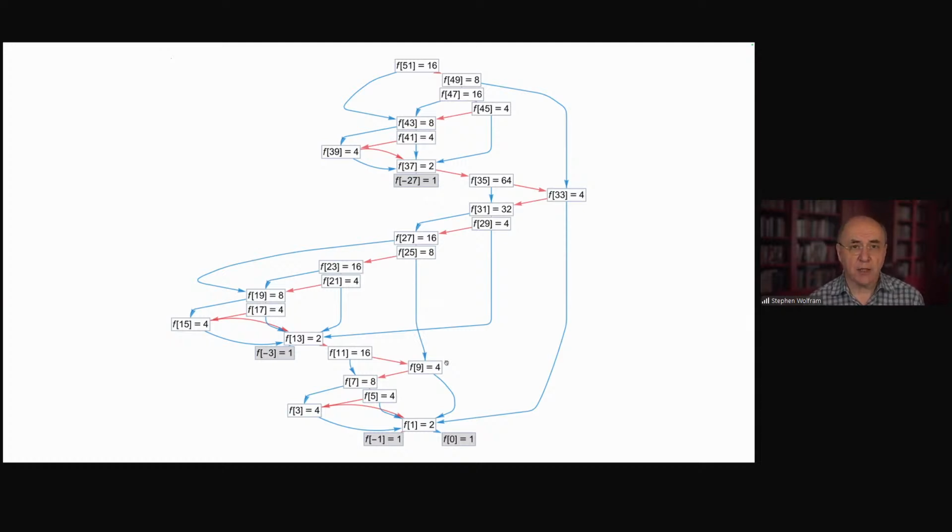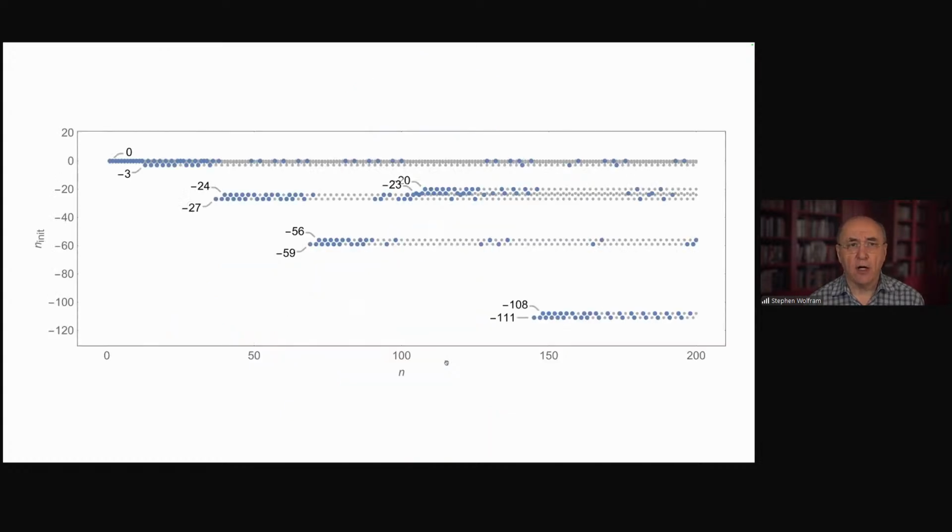How far back does it look in general? Here's a plot showing which lookbacks are made as a function of n, with the roots of the blue graph trees being highlighted. So this is showing, as a function of n on the x-axis, what initial value it looks back to on the y-axis.